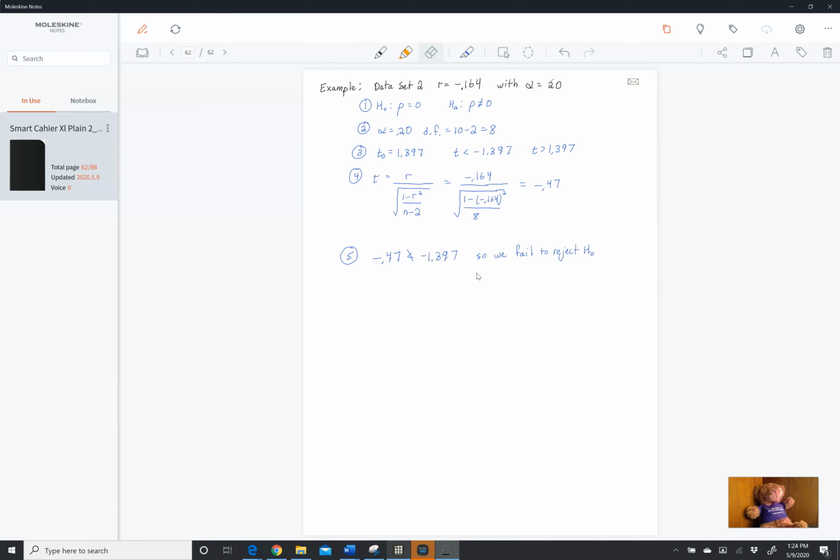And when we fail to reject H sub 0, we're saying there's no significant correlation. In the other case, we rejected. When we reject, we're saying that there's a significant correlation. Here we're failing to reject, so there is no significant correlation.